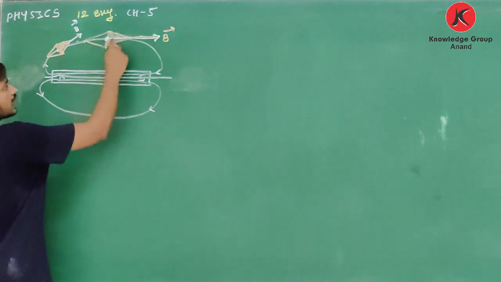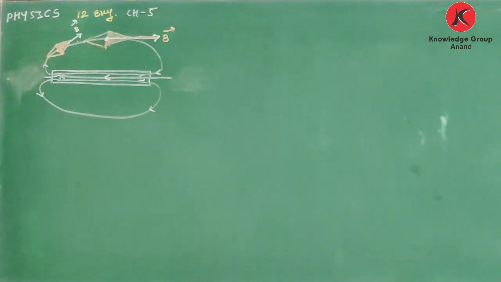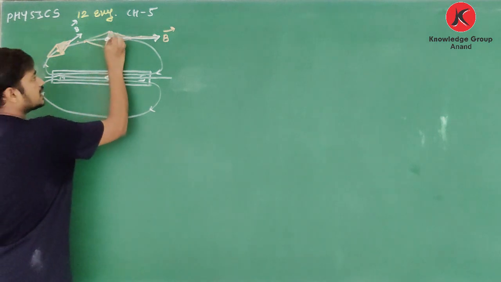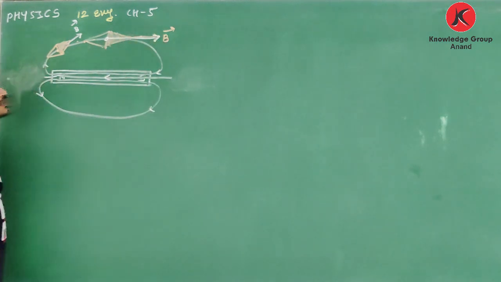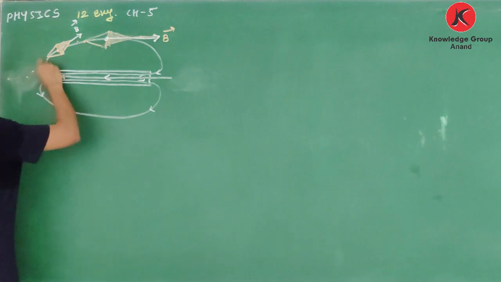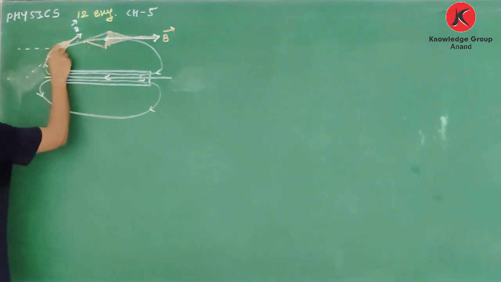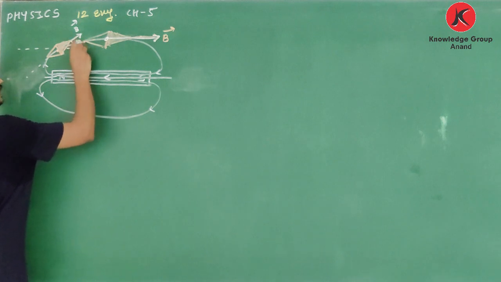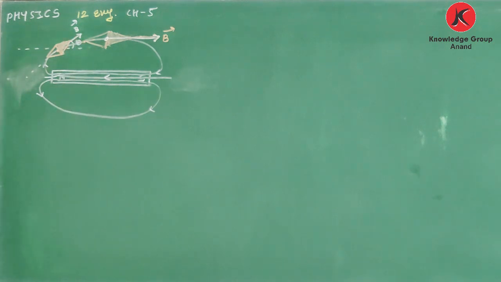So in this case, the magnetic needle aligns in this direction, meaning with the horizontal it does not make any angle. While in this case, the magnetic field is in this direction, and with the horizontal it makes some angle. Okay, clear about this?